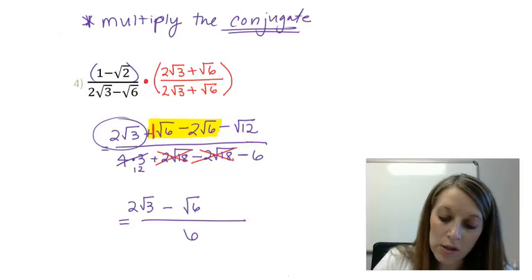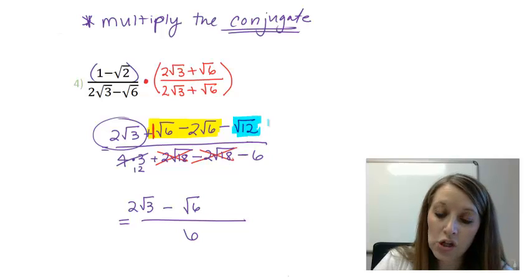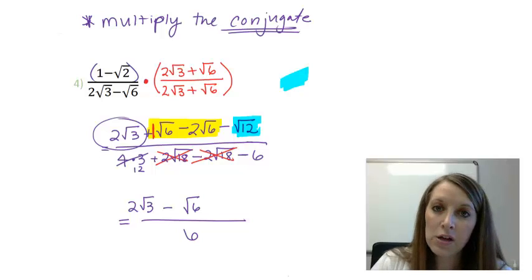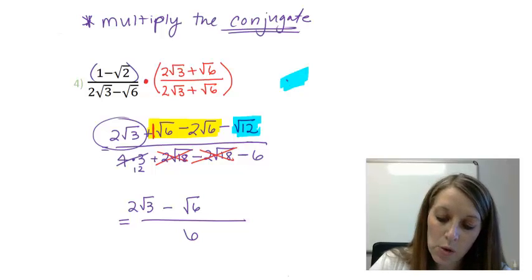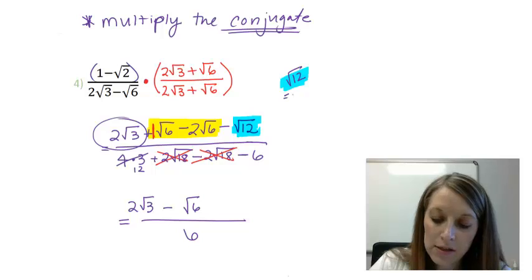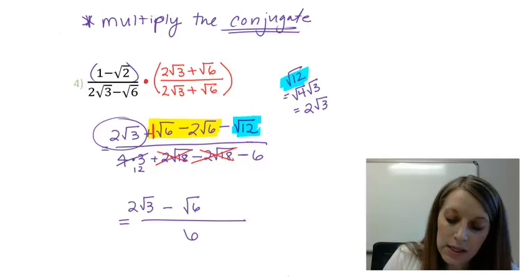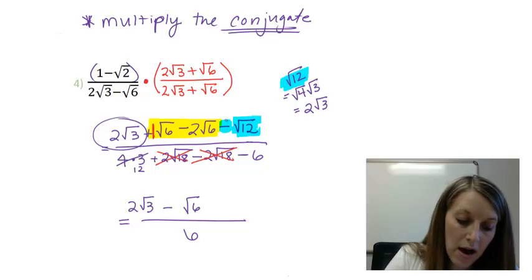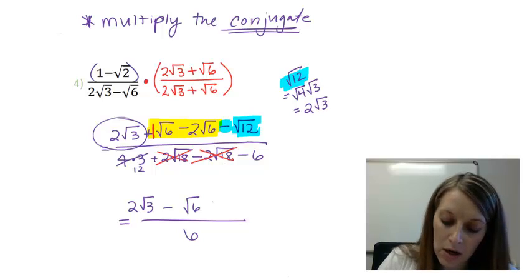But if I look at this root 12 here, I can actually simplify it by using a good pie, bad pie method. So I'm going to do that off to the side. Square root 12 breaks down into square root 4 times square root 3, where root 4 breaks down into 2, so I have a 2 root 3. So since this is negative here, I will copy it down here as a negative 2 root 3.